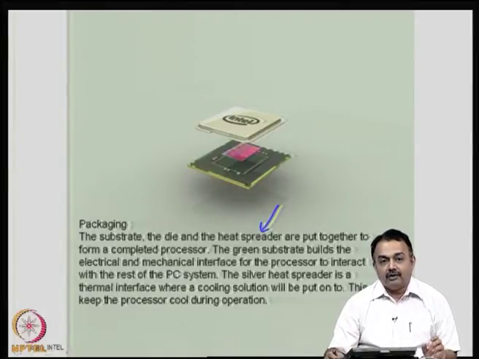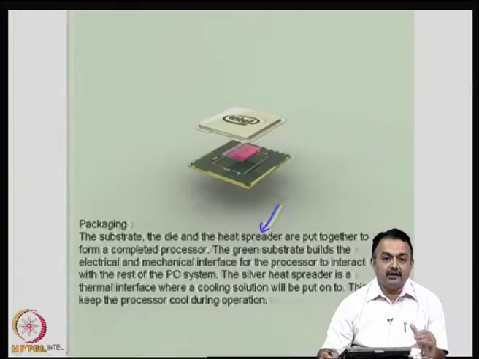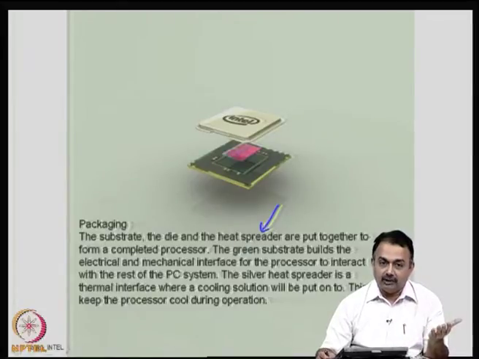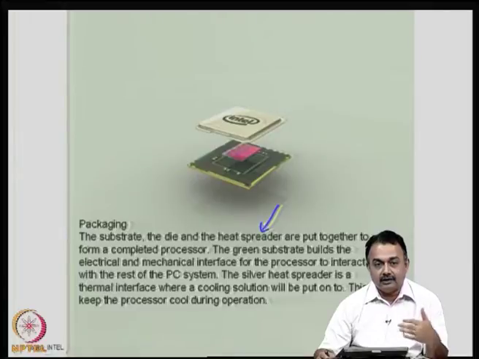All these components together when packaged form a complete processor which is protected and ready to use in any motherboard. For example, an Intel processor like the Core Duo processor or i7 processor, whatever it is, now goes into being mounted on a substrate.